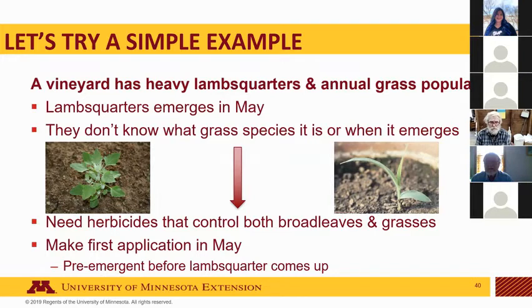This is common, like grasses are really hard to identify based on appearance. So that grower needs herbicides that can control both broadleaves and grasses. Since lamb's quarter emerges in May, they're going to make their first application in May before that lamb's quarter starts showing up.